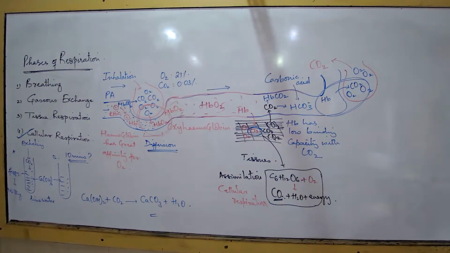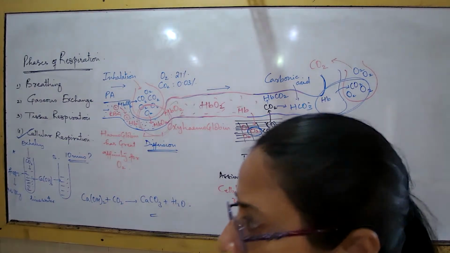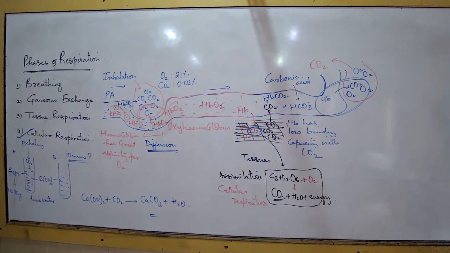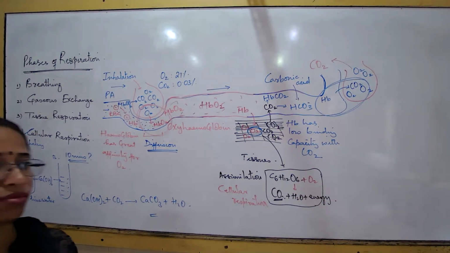Write the answer. The small amount of air that is left in the lungs, within bracket, about 500 ml, even after forceful exhalation, is known as residual volume.